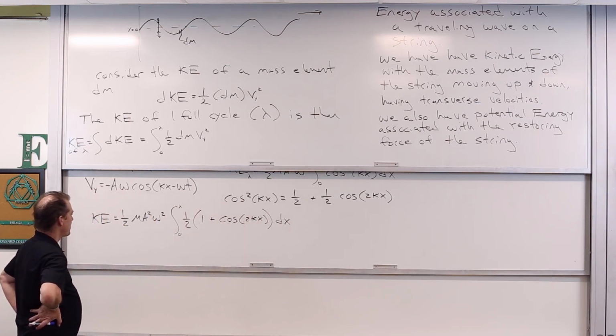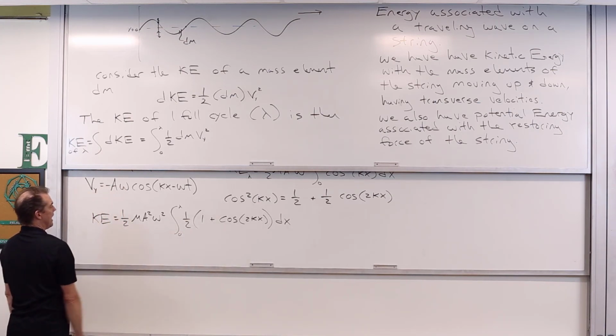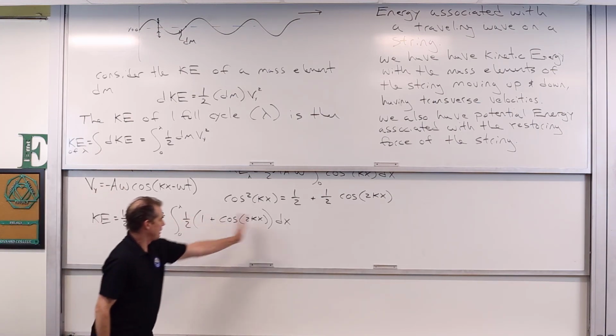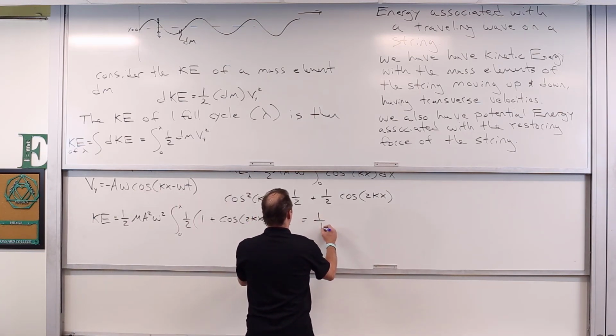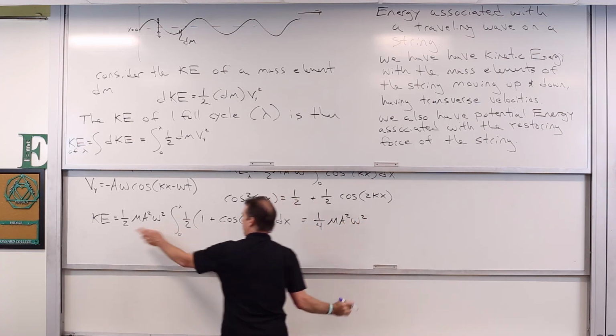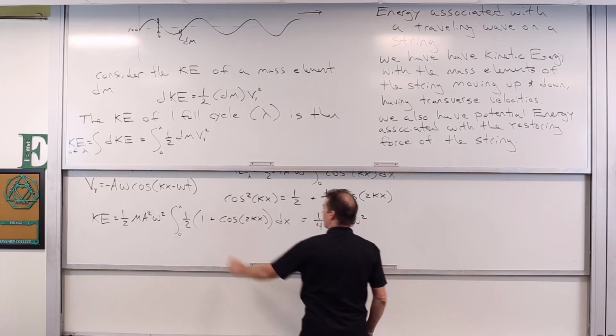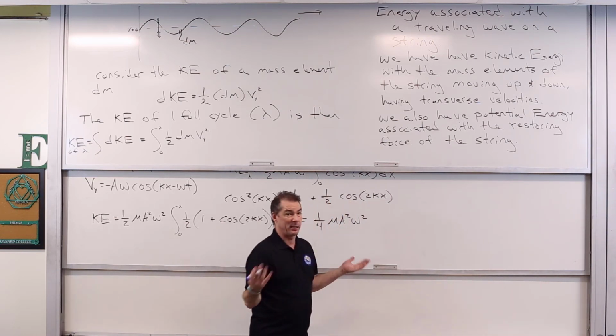So what can we do with this? This is a little bit easier. That 1/2 we can put out here, and then integrate that portion, and this will be equal to 1/4 mu a squared omega squared. Again, this 1/2 came out here. Then we've got the integral of 1 dx. That's just going to be x.